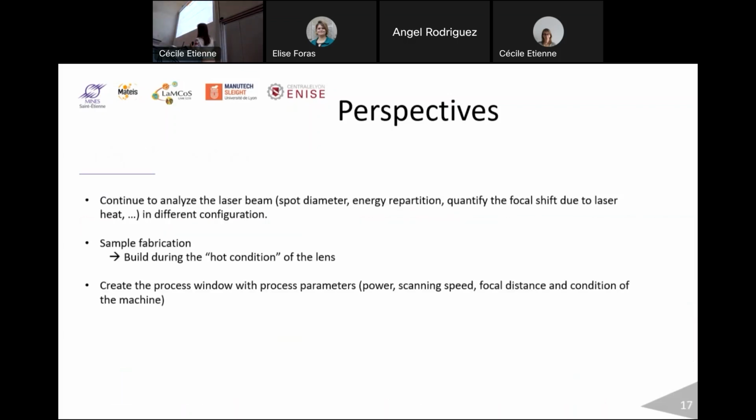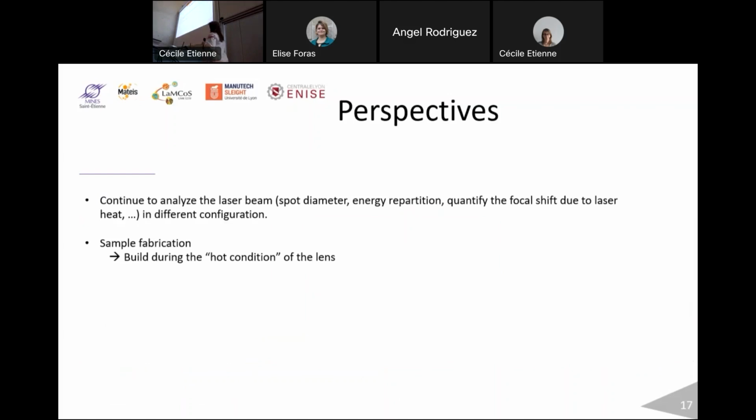What will I do? Next week I will make some sample fabrication, and I will build some samples in hot condition and in cold condition to compare the results.